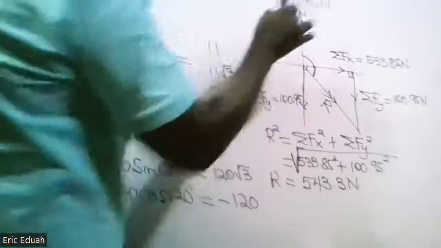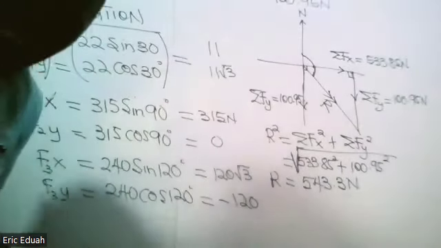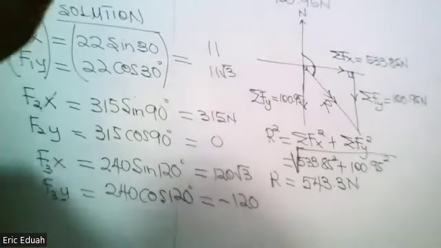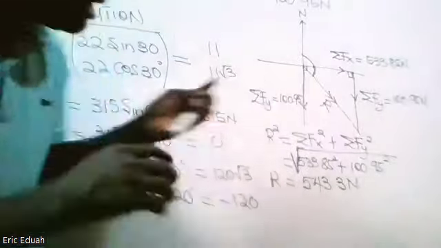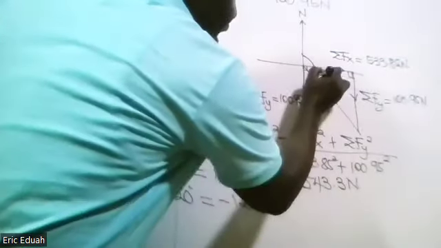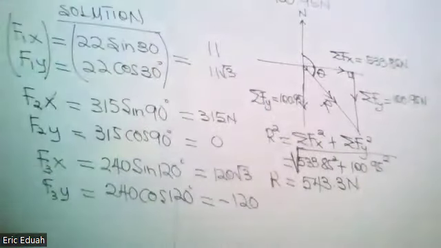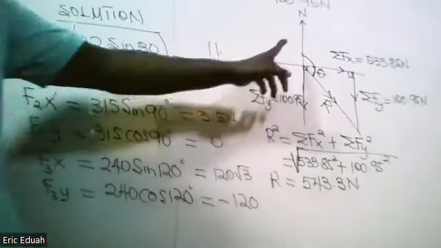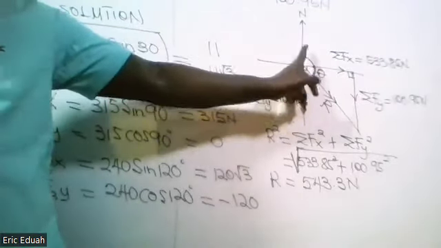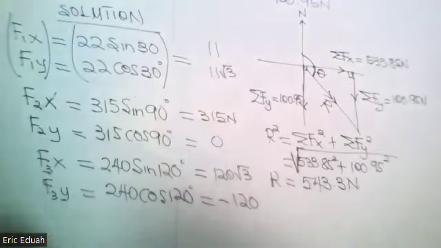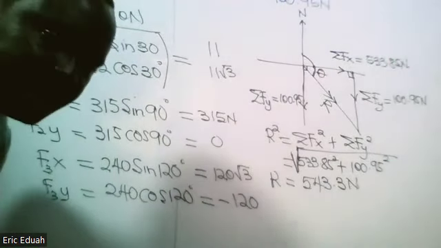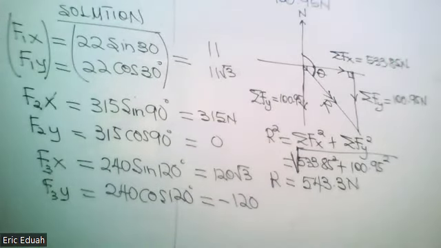This is because we are always taking our angular measurement from the north. So when you get this acute angle, you then add to 90 to give you the direction of the resultant as measured from the reference point, which is the north.